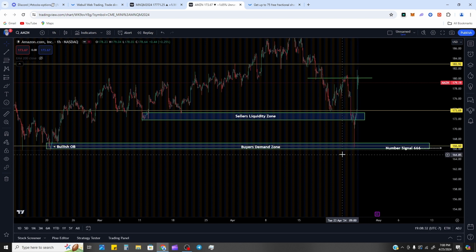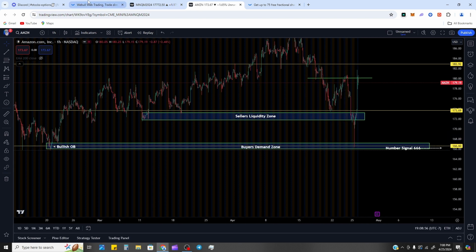Okay, right there. That was multiple confluences for us to buy right here when it touched this demand zone, this order block, this specific number signal. Those are three confluences that will tell us it's time to buy. Okay, this happens a lot on the chart, and it's very profitable when it happens.